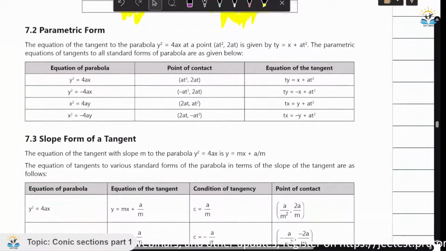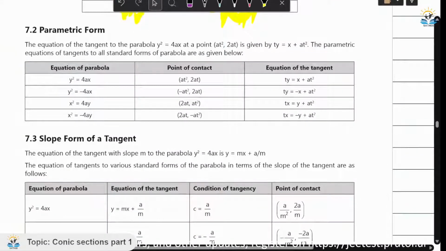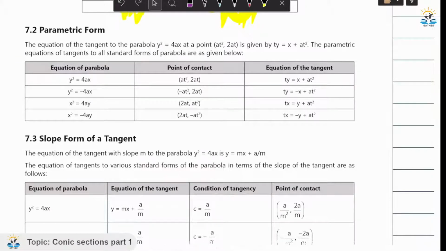Okay. So you understood that you simply replace the points x1 and y1 with the parametric form and get the equation in x and y.